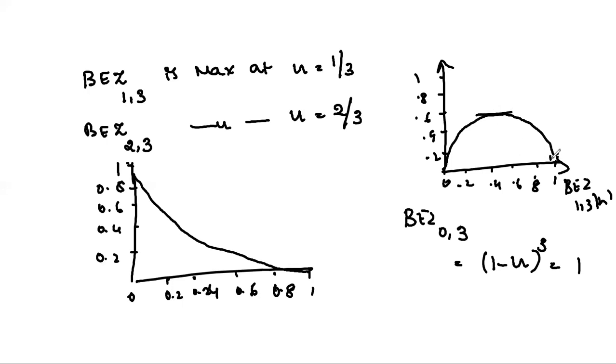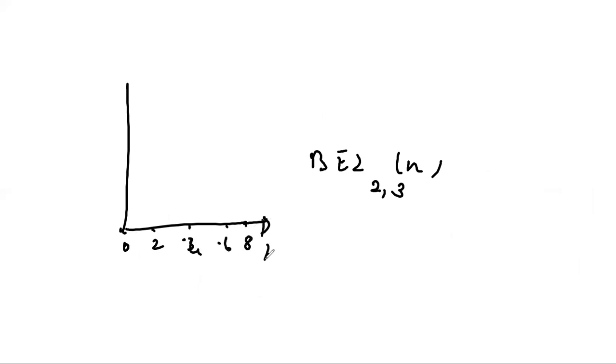And it is going to end up at 1 for us. Similarly, if I plot it for Bez of 2 comma 3 of u, this graph is as usual 0.2, 0.4, 0.6, 0.8 and 1.